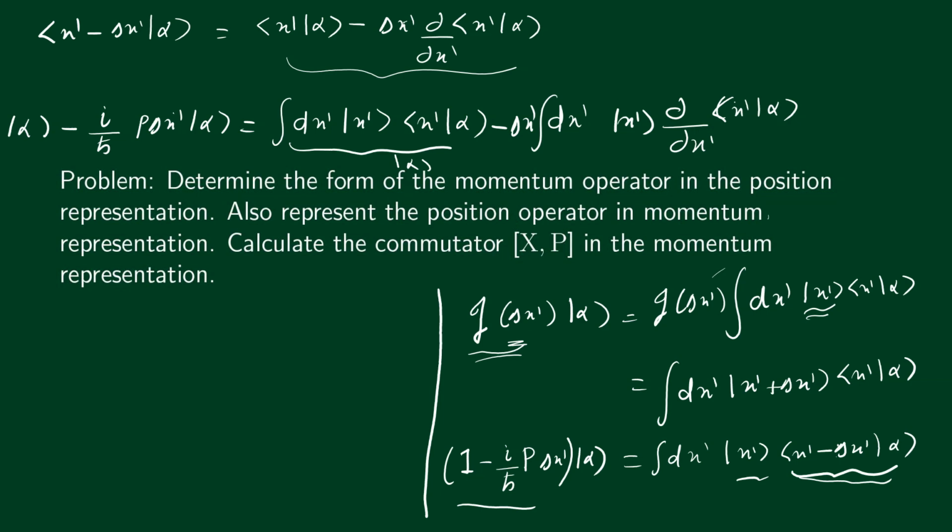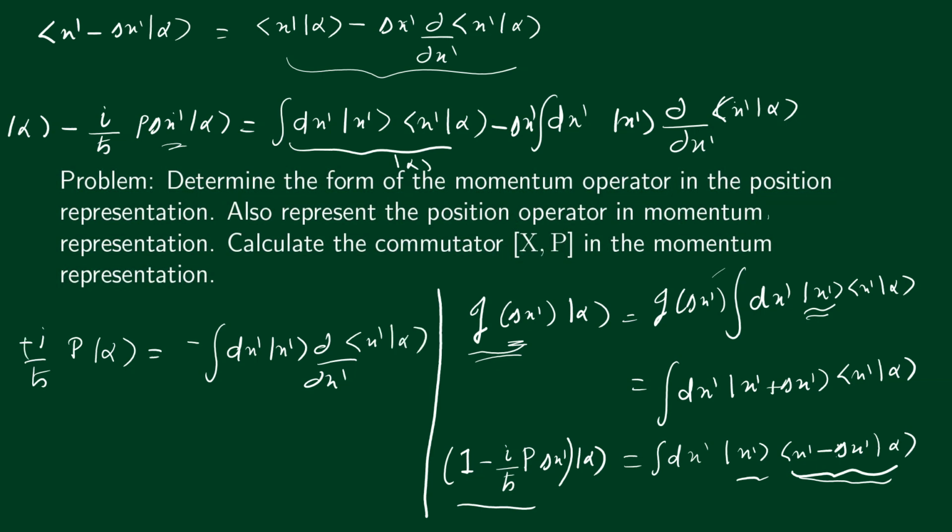So we equate the coefficients of delta x prime and we get minus i by h bar p acting on ket alpha is equal to, again, minus integral dx prime ket x prime partial derivative with respect to x prime of bra x prime ket alpha.